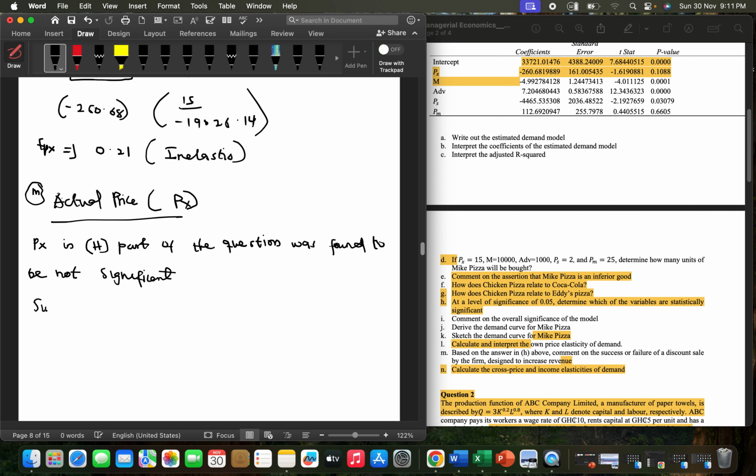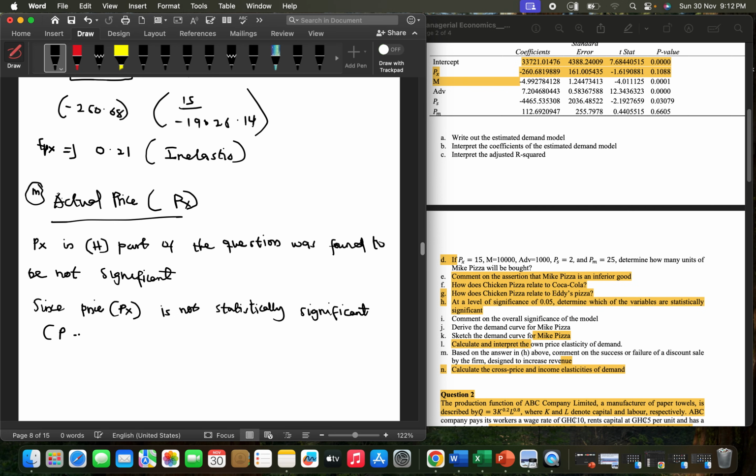So since price, remember price is just the PX, since price is not statistically significant.